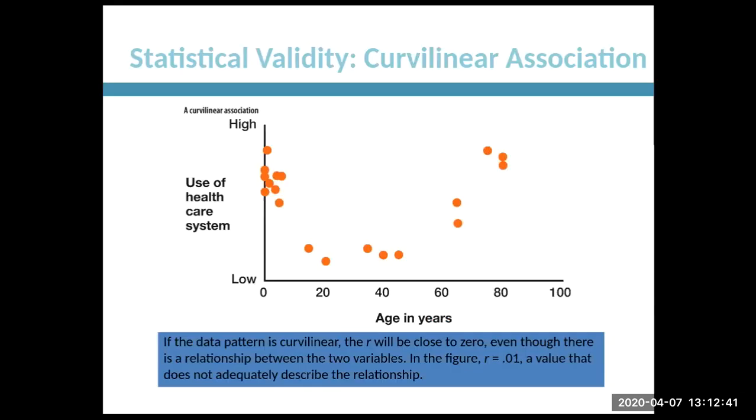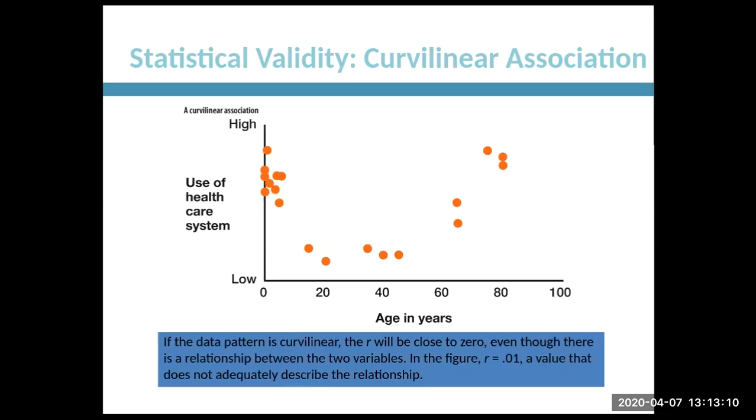Finally, we see something like this. If you saw something like this on a scatter plot, the line of best fit would basically be a flat line going across, which would mean zero or close to zero correlation. But look at the way that these dots sort of go together. In this case, we could connect the dots using a curve. It actually makes a U shape.